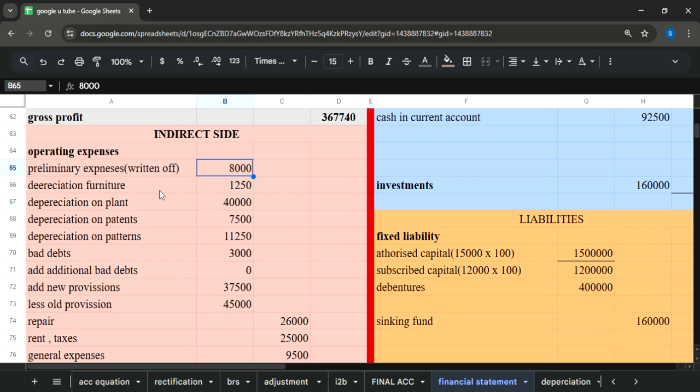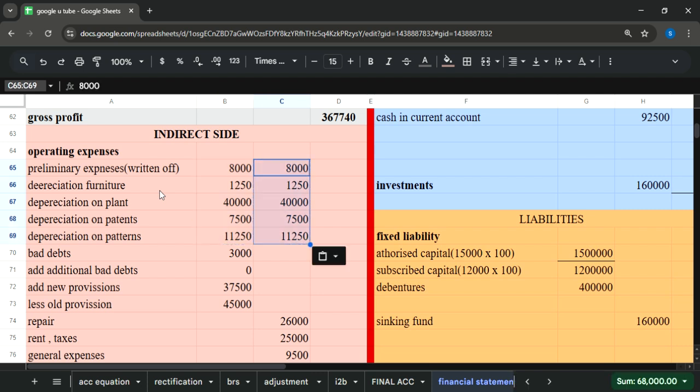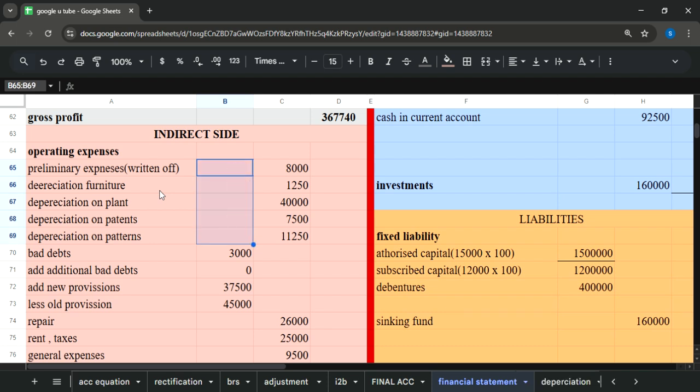So all these amounts are not having any adjustment. Let's transfer them over here. Okay, then we will see our bad debt provision, bad debts plus additional bad debts plus new reserve minus old reserve.